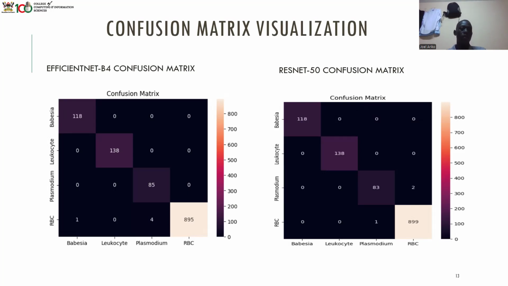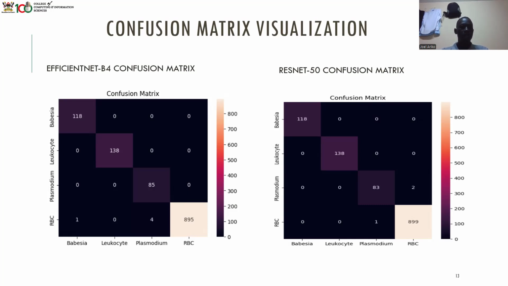For example, the four classes are the red blood cells, Plasmodium, the leukocyte and Babesia. Then, of course, the rows show the actual class, then the columns represent the class predicted by the model.